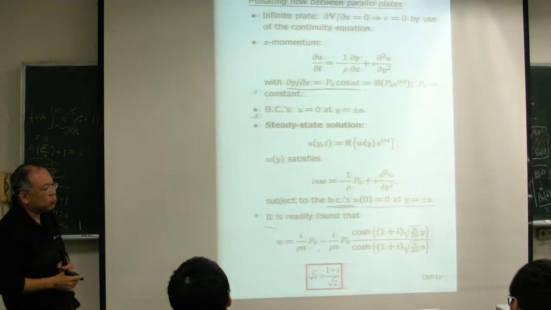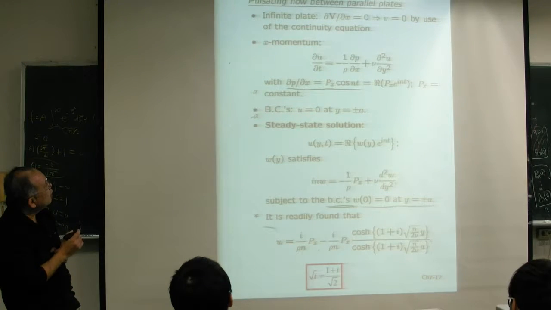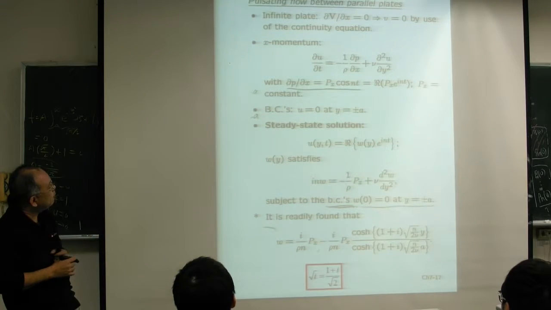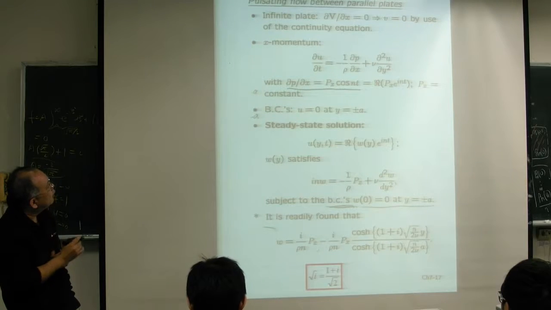Again, we simplify our problem to only two parallel plates. Since along the plate we don't change the distance between the two plates, partial v partial x equals 0.